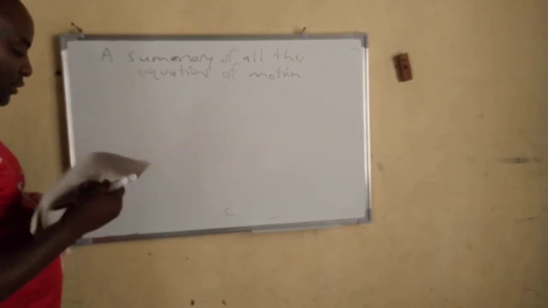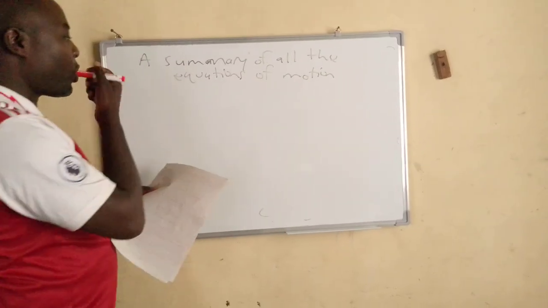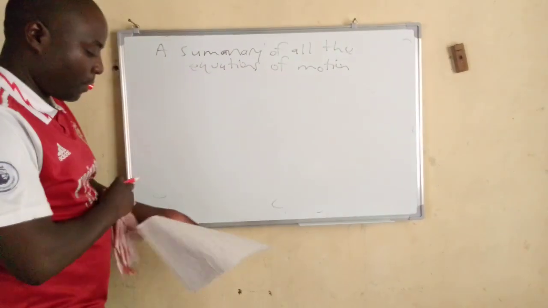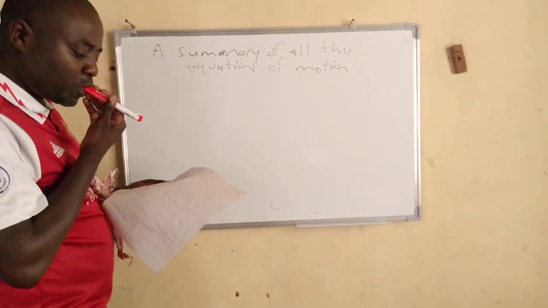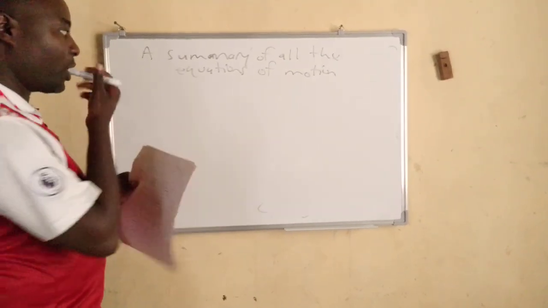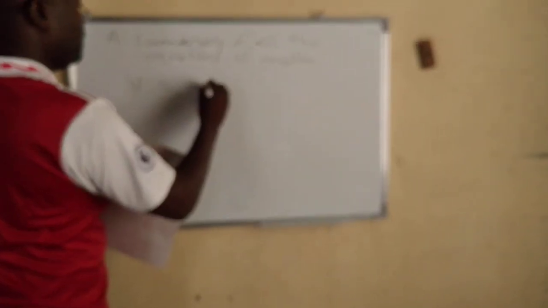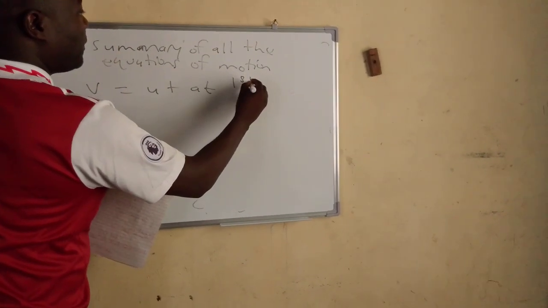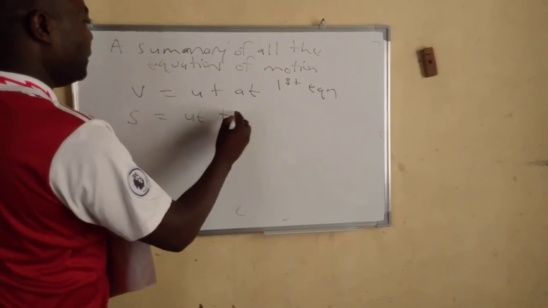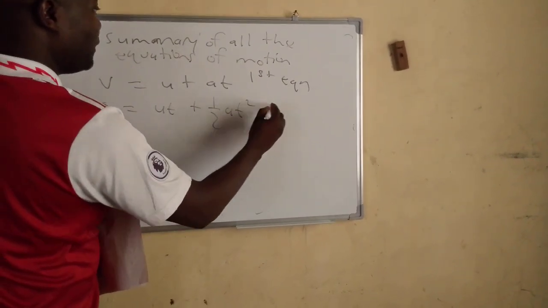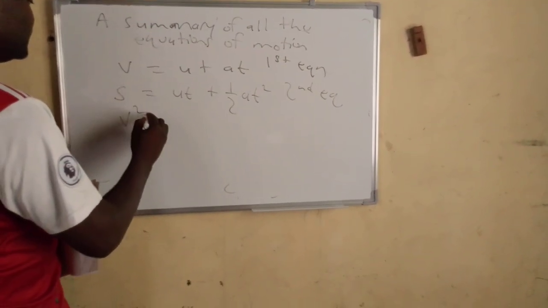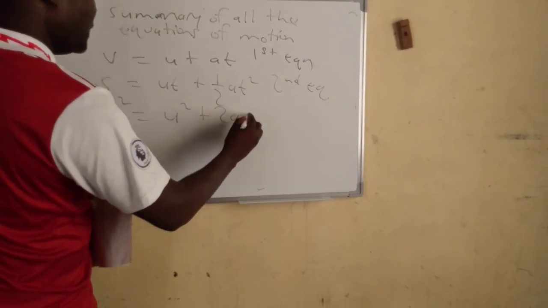The first equation: v is equal to u plus at. Second equation: s is equal to ut plus half at squared. Third equation: v squared is equal to u squared plus 2as.